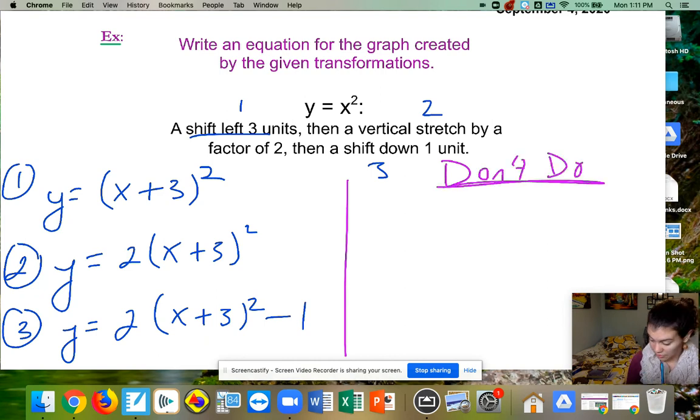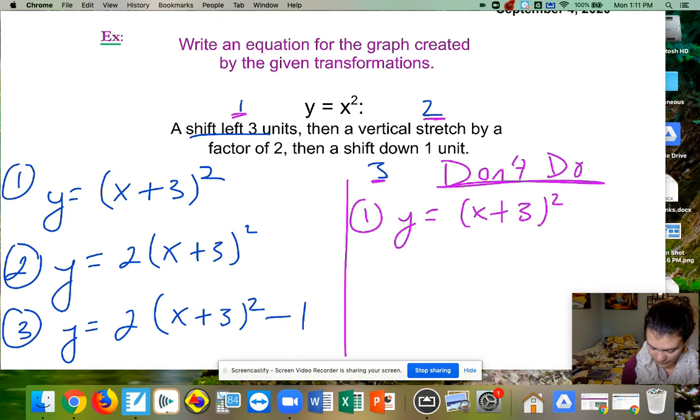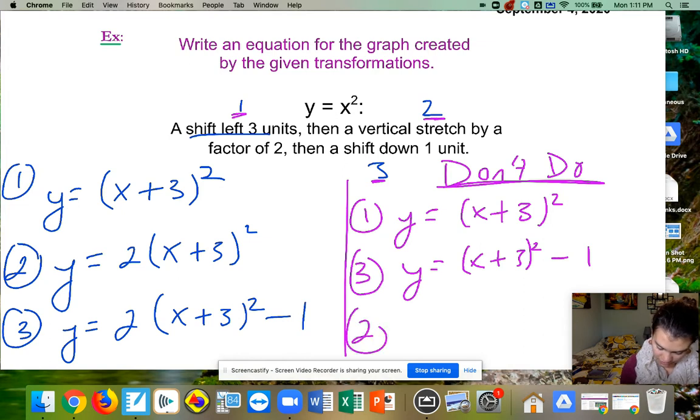Okay, so a note, this is what not to do. If you do it out of order, so if we do 1, 3, and then 2, it's going to give us a different answer. So if we do 1 first, we still have this. And then if you do 3 and subtract first, we'll get x plus 3, and then minus the 1. And then the last step is we're going to do our vertical stretch.